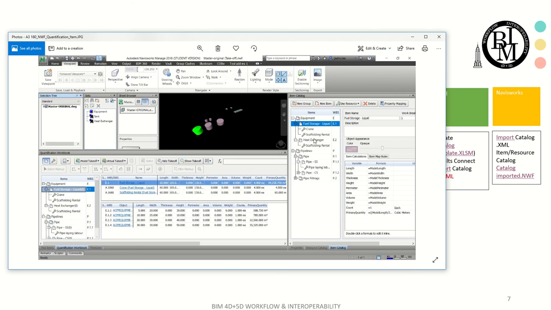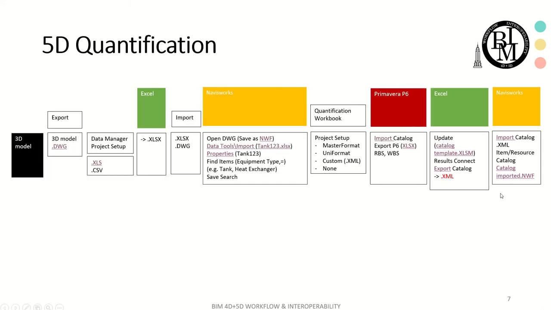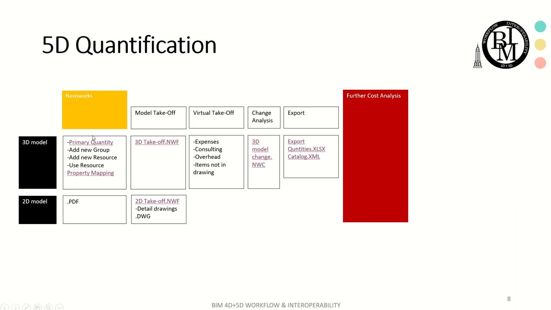Even if you didn't choose to import certain files, you can easily add new groups and new items and modify these formulas and units. And further, you can map the properties, which I'm going to show you next. So we are halfway done with 5D quantification. The rest of the half is optimization and exporting that quantification workbook.